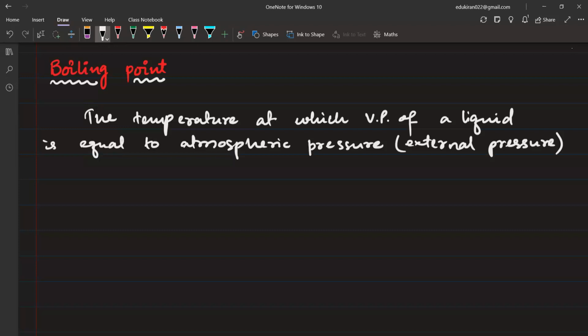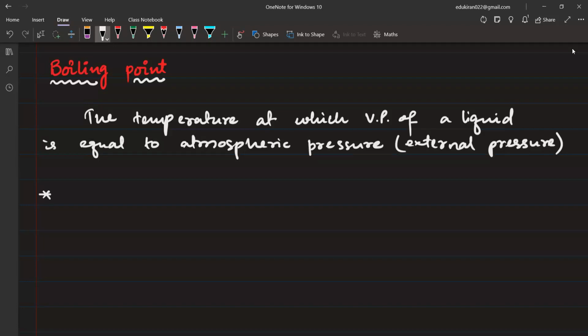So obviously, if there is large external pressure, then it is going to take a larger amount of heat. It is going to take a larger temperature to make the vapor pressure of liquid equal to the atmospheric pressure or the external pressure.